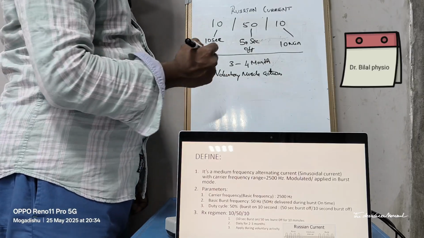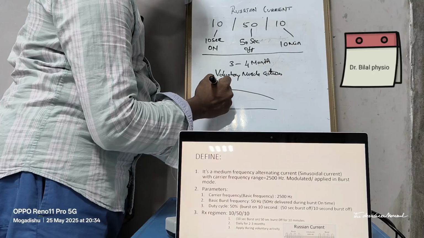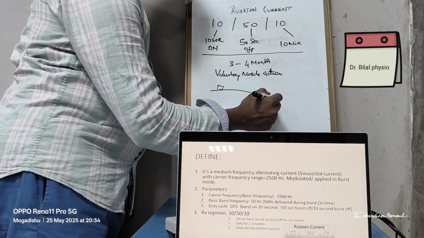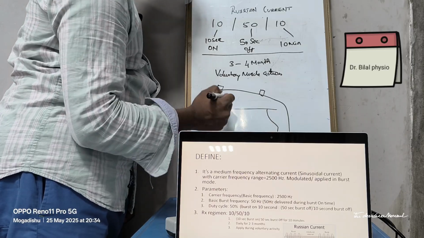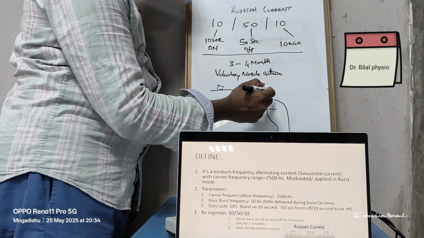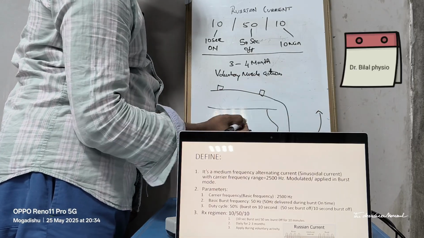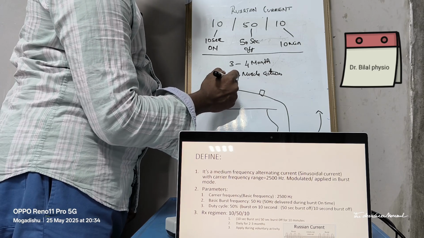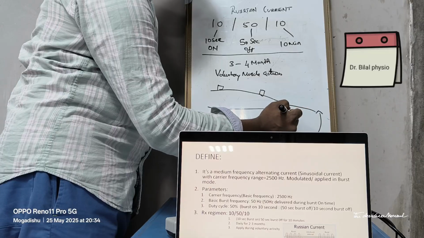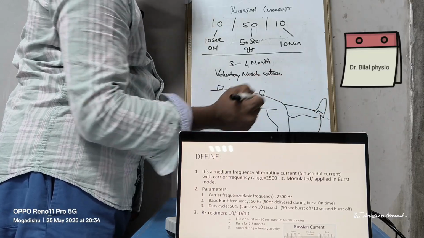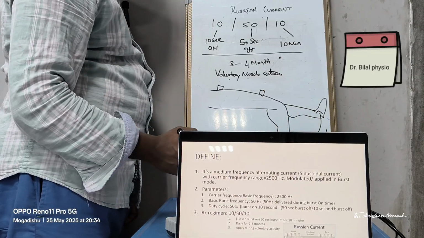Which means we place the electrode on the patient. For example, if we apply it to the quadriceps, we ask the patient to do knee extension during the burst on time, when the patient feels the current, and during the burst off time the patient should relax.